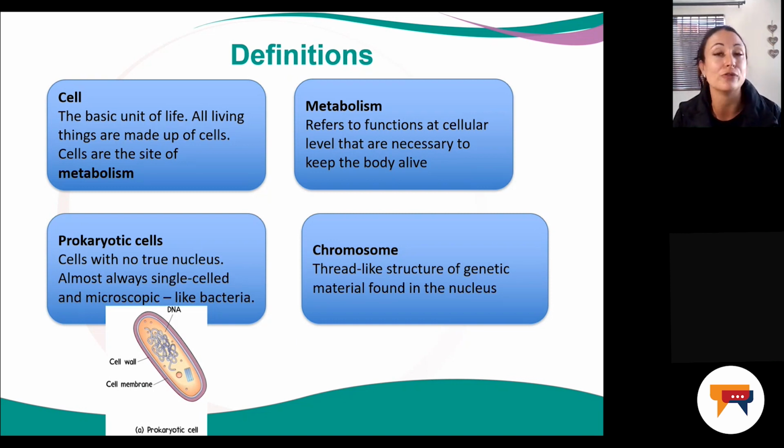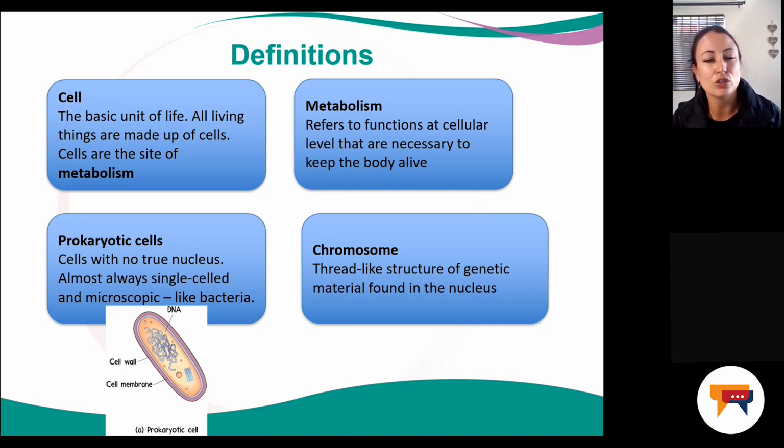Chromosomes are very important when we study genetics and hereditary diseases, because all of these hereditary diseases are contained and carried on chromosomes. Chromosomes are not very valid for this section, but it's good to know about them and to understand them.